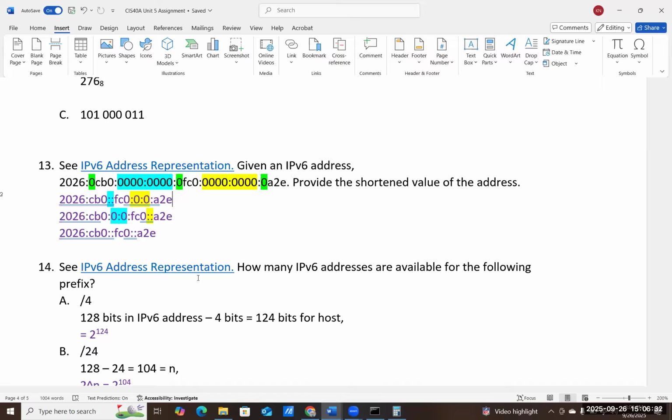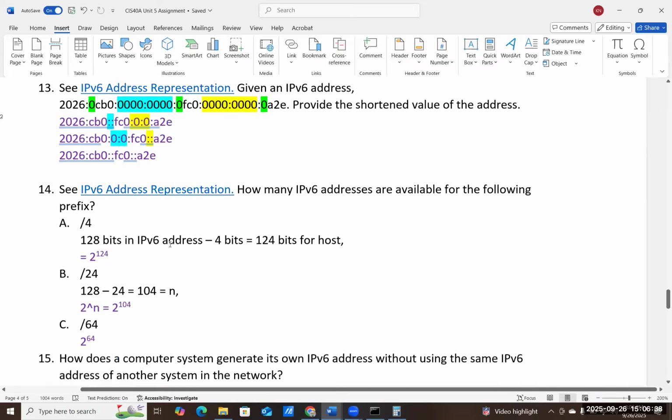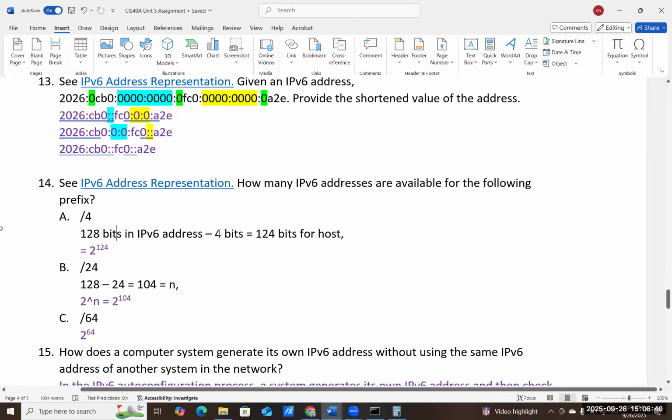That's where you start. When you have a /4 like this, you take 128 bits, you subtract the 4 that's indicated here, and you would have 124 bits for the number of hosts. If we put this into an exponent, we will be able to calculate how many hosts. This is the number of systems I can connect on that subnet.